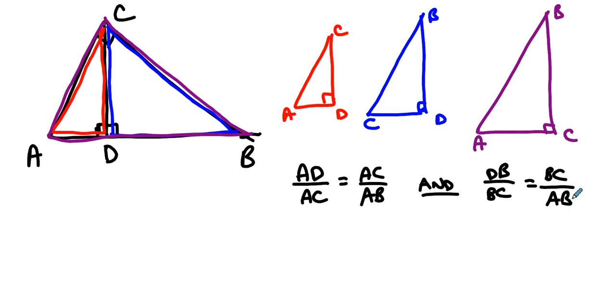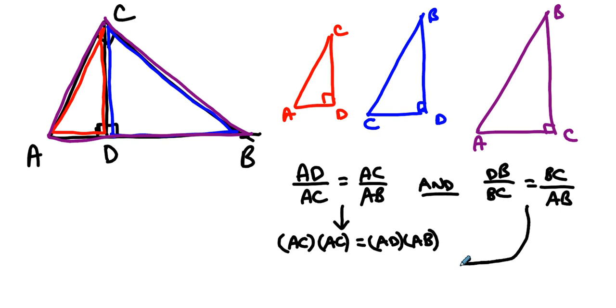And you're thinking, yay. Well, this proportion means that AC times AC equals AD times AB. And this proportion tells us that BC times BC equals DB times AB.